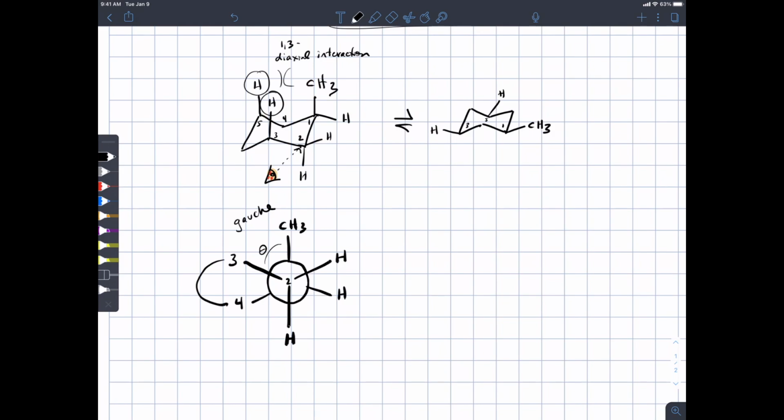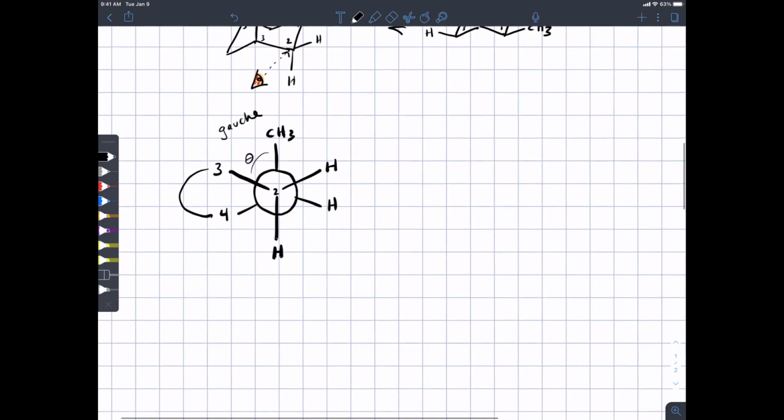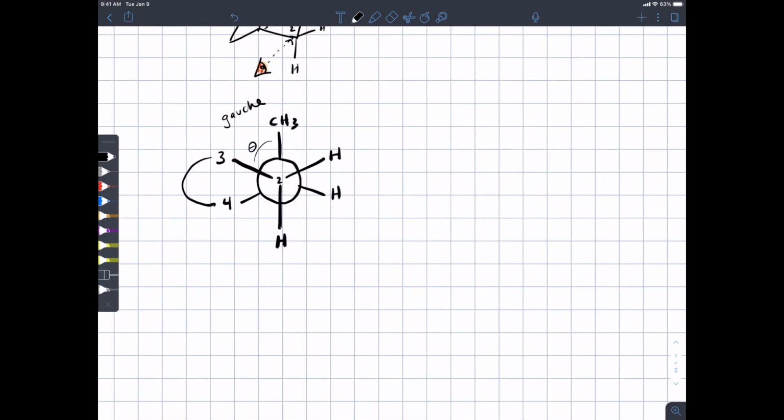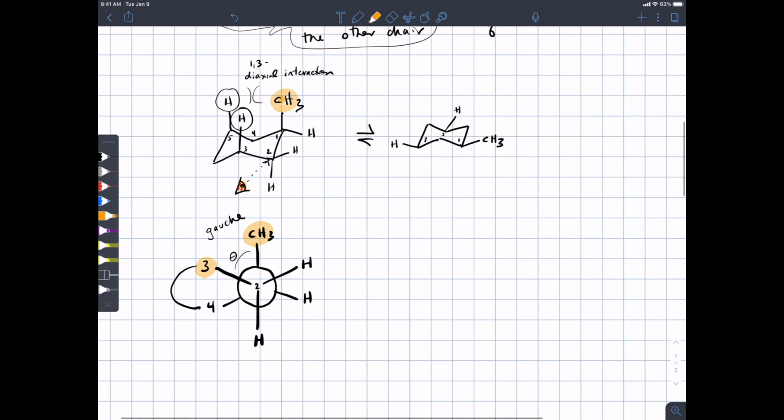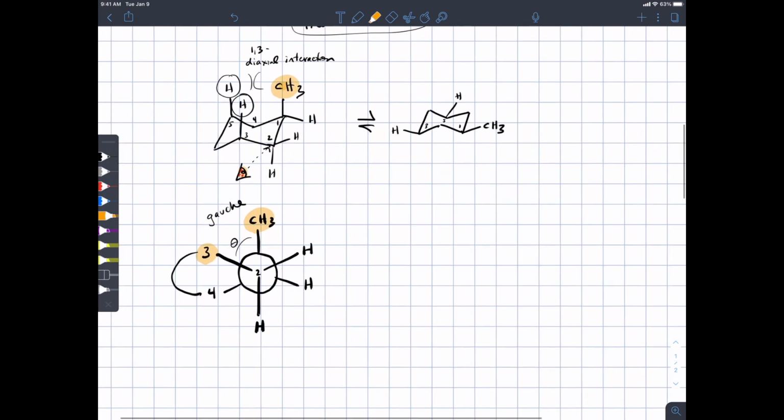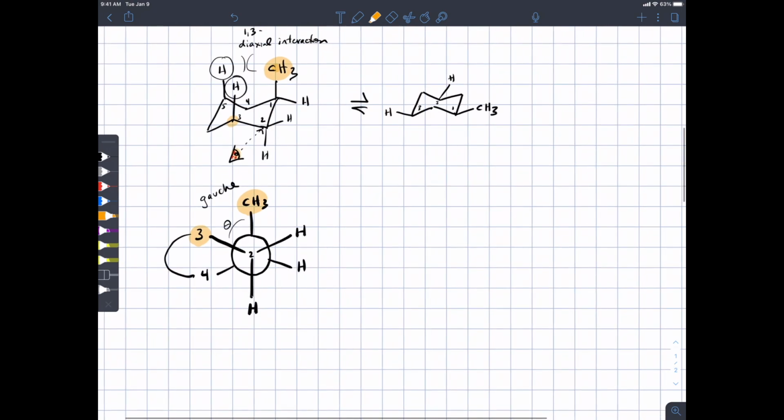And Hallie from home, I said that having the methyl group equatorial is more stable for reasons we're going to talk about. Yeah, so the methyl group on carbon 1 is gauche to the ring atom on carbon 2.